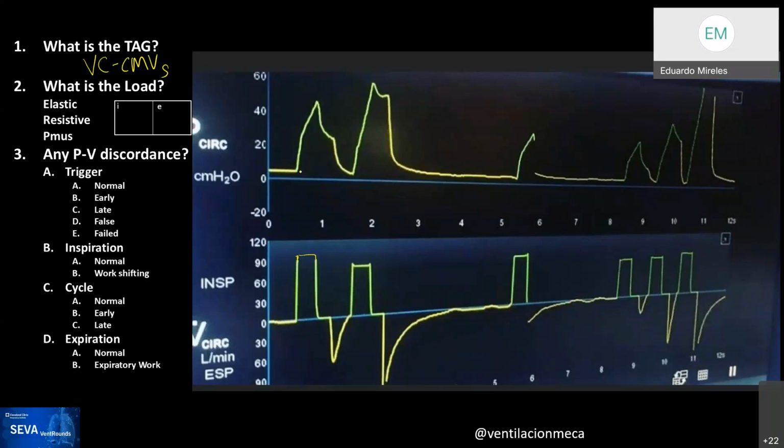But on the first one, you can see a very high steep rise on the resistive, which tells you that this is a resistive load. So from here to here is resistive, and then this is the elastic load. And actually, you can see that there's an end inspiratory pause, and this difference from here to here would tell you that this is a resistive load.